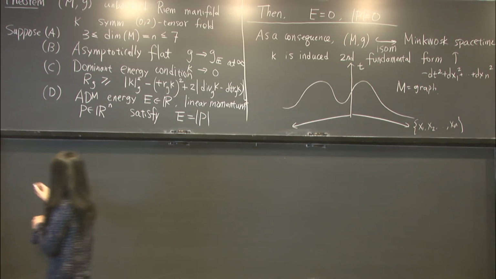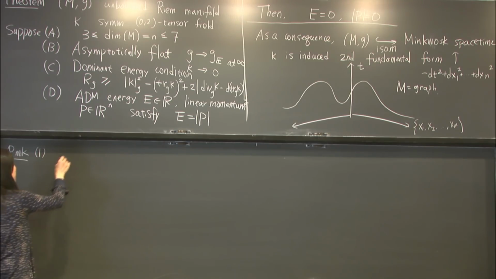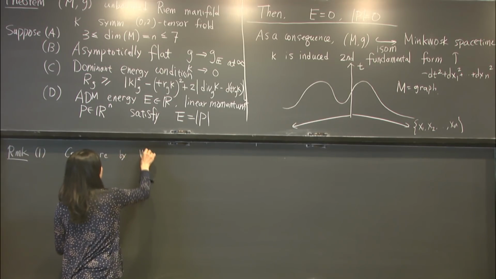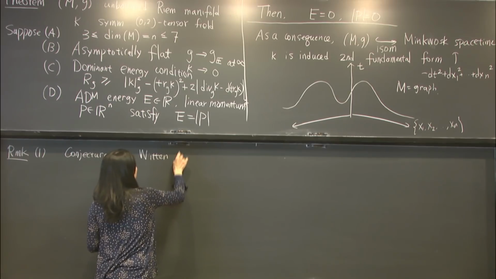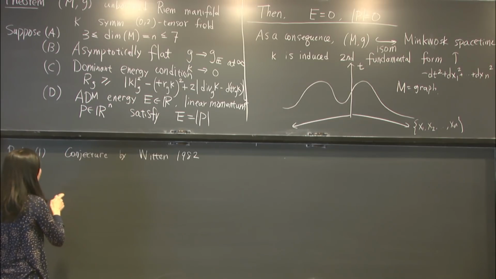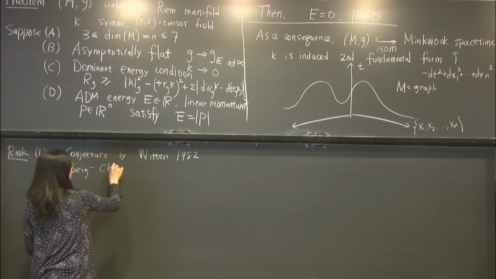Okay, so let me make a remark or a couple of remarks. The first one is this statement, to my knowledge, was first conjectured by Wheeler, at least in the 3-dimensional vacuum case, in his 1982 paper. And since then, there are various approaches, and they use a spinor approach. A complete proof using the spinor approach was provided by Beig and Chruściel.